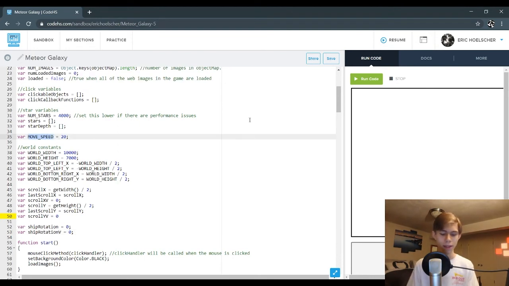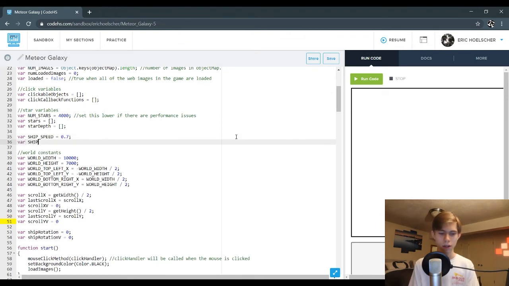One will be ship speed, and that will hold how much we change the ship velocity on each frame when the up or down arrow key is pressed. I found just from the first time I wrote it, 0.7 is a good number for this. And then there's also going to be a ship rotation speed. And I found 0.01 works well for the rotation speed.